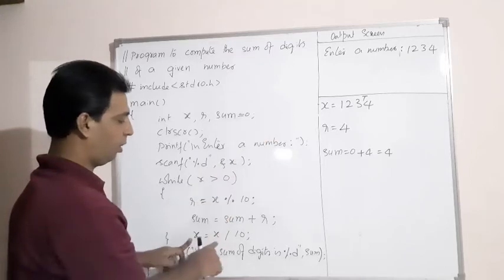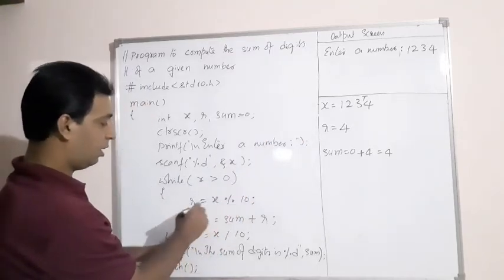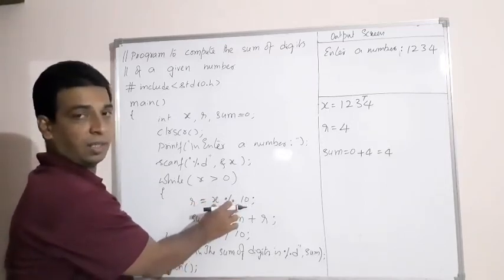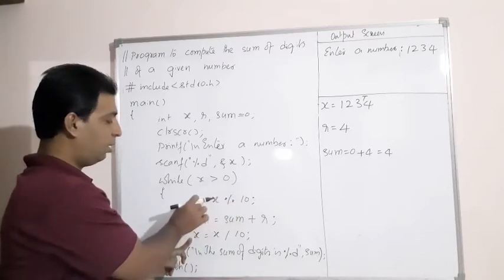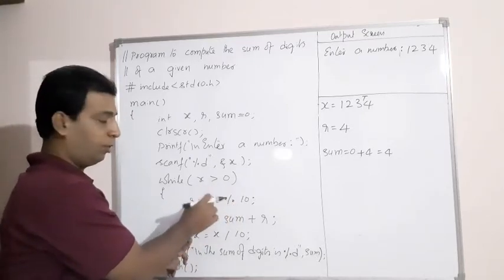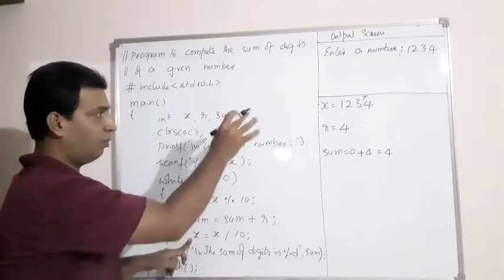Now the current value of X is 1, 2, 3, 4. The earlier statement, which also has a division, doesn't change the value of X, because on the left-hand side is not X, it is R. So X still remains 1, 2, 3, 4.